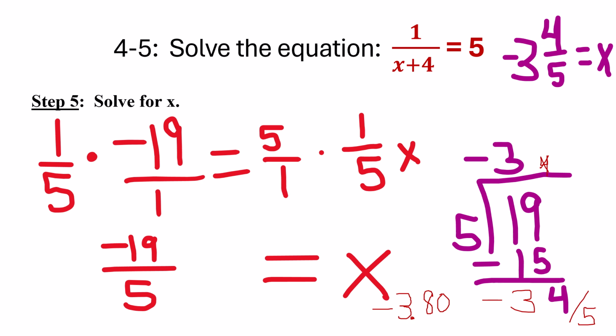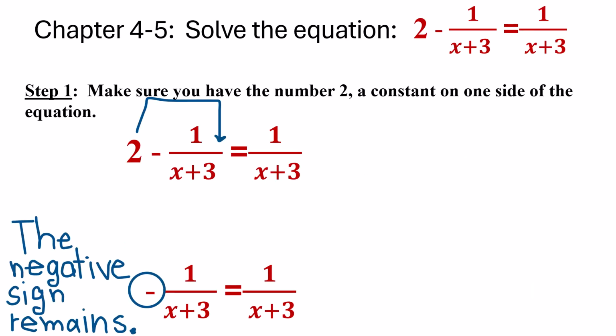Okay? Now, this is a horror story if you don't think about what's going on, because unfortunately you have a fraction, but you have a non-fraction in front. So you can always think of it as 2 over 1, but originally the equation is 2 minus 1 over x plus 3 equals 1 plus x plus 3.